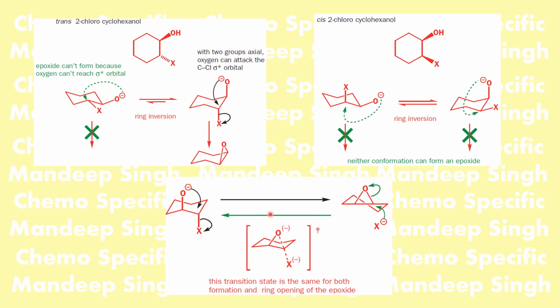So this is the transition state via which the formation of epoxide or opening of the epoxide is taking place. Here we can clearly see that they are anti-periplanar to each other. So it is the common transition state via which it takes place.